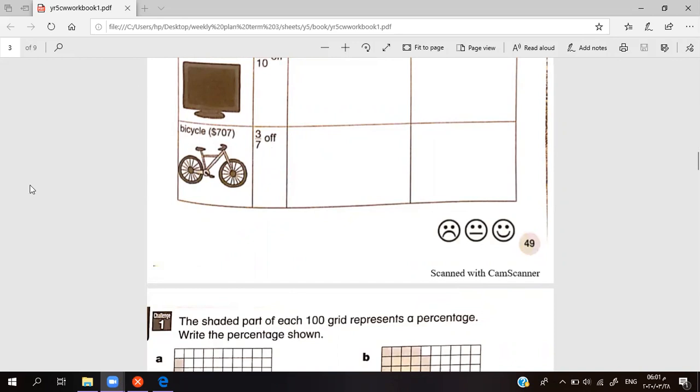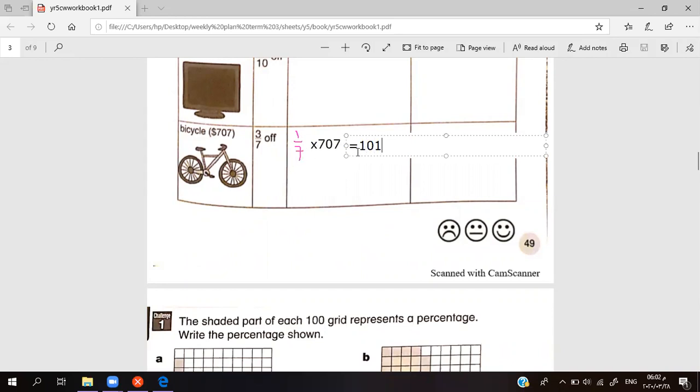Now I must get the fraction of the discount first. The discount is 3/7. I must first get the 1/7 of 707. Again, I divide the number by the denominator. What times 7 gives me 7? 1. What times 7 gives me 0? 0. What times 7 gives me 7? 1.